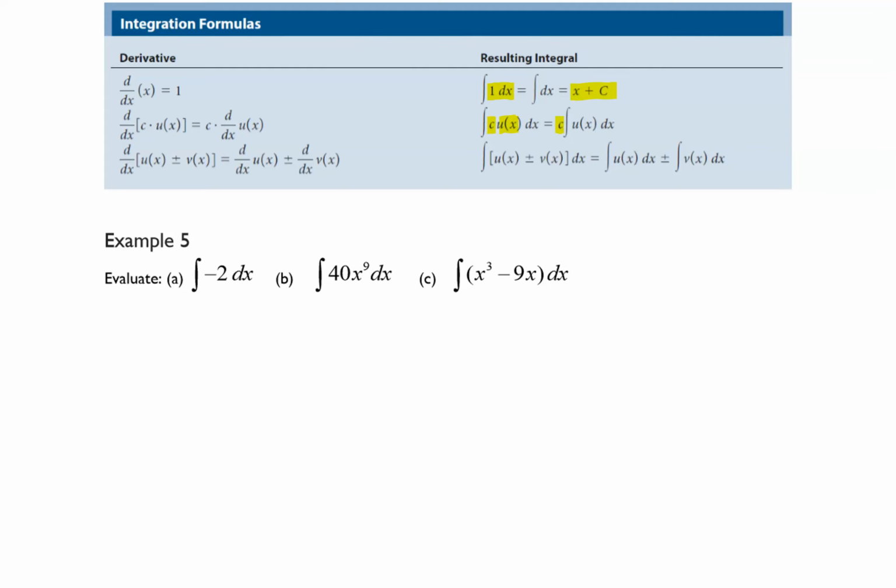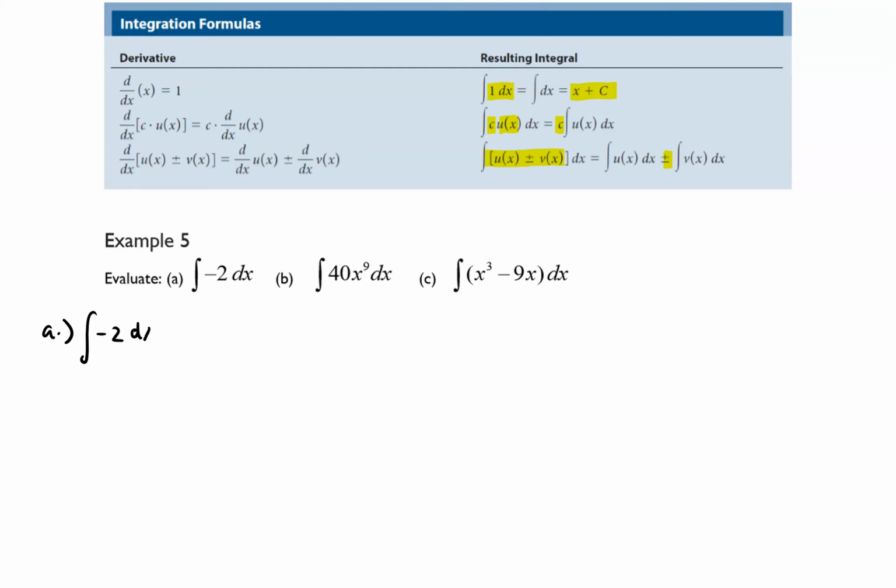So example 5 says evaluate the integral of negative 2 dx. So the integral of negative 2 dx, we can actually rewrite that as negative 2 times the integral of 1 dx. We basically pulled out the constant, and we know from the table above that the integral of 1 dx is equal to x plus c.